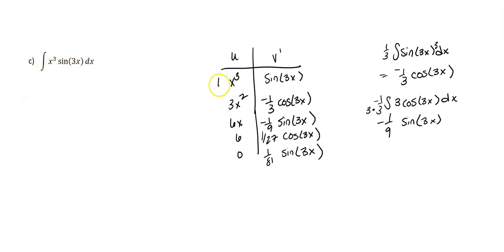So using the tabular method, I alternate my signs and do those diagonals.